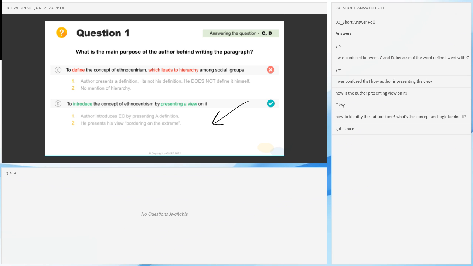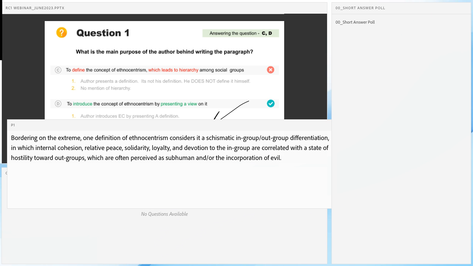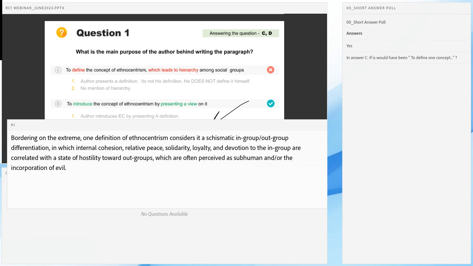Oh, very simple. Hold on, let me bring my passage back. When I say bordering on the extreme, one definition, am I not presenting my view on it? Calling something extreme, is that not my view, where I is the author? So he's presenting a view on it. And this is where, when I say you've got to get way more from a passage than what you're used to getting, and learning like and reading like a manager, those are the aspects that you need to do this.